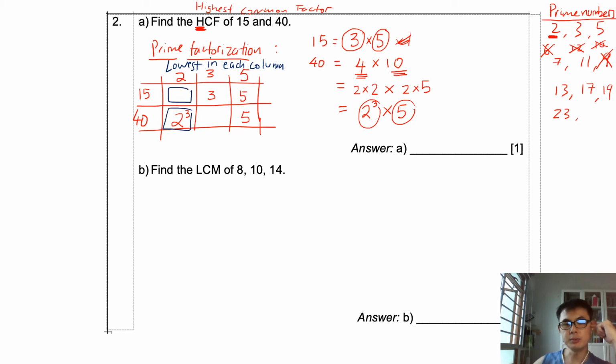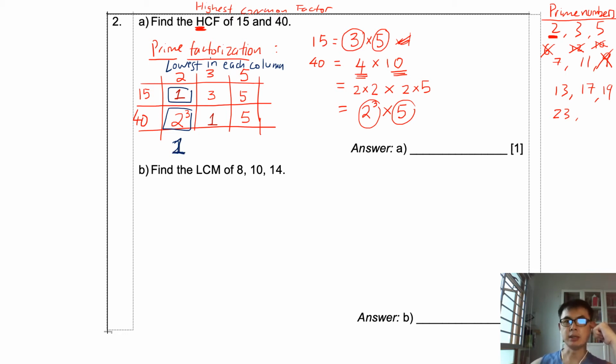Okay, we don't put nothing, we just put 1 here, just to fill in the blanks. 1 and 1. Between 1 and 2 power 3, which is the lower number? You may be thinking, oh, 1 is the lower number. Yes, you are right. 1 is the smaller number between these two.